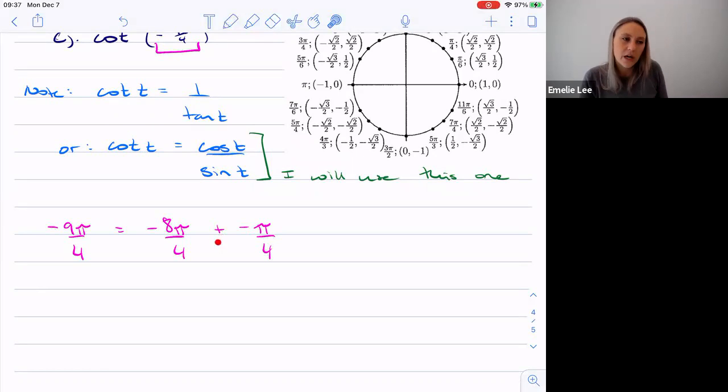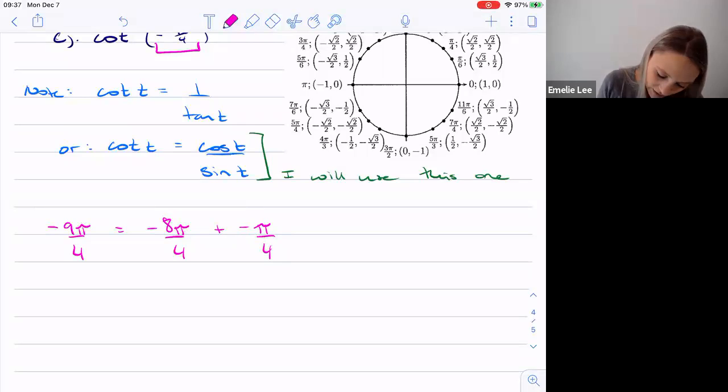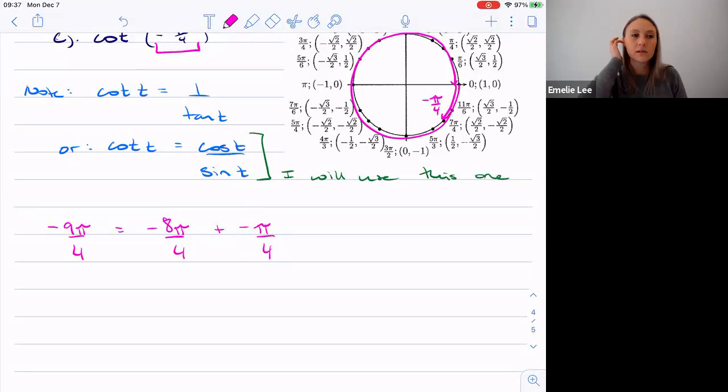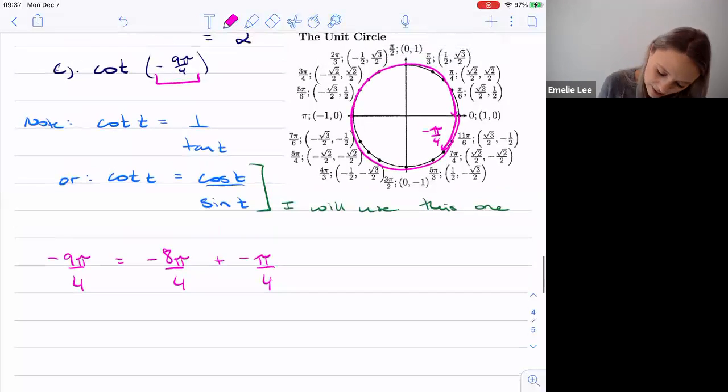You can do minus pi over 4, but I just like to illustrate that together this makes negative 9 pi over 4, as well as this angle being negative. So really what it says is that I'm just going to go to this point here, that's negative pi over 4. So I did a full revolution this way, and then I did my negative pi over 4.